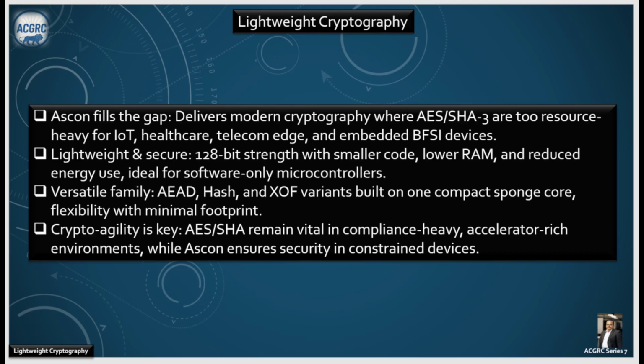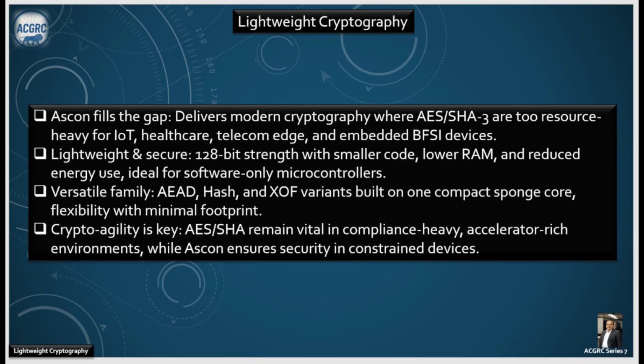Ascon fills the gap to deliver modern cryptography where AES and SHA-3 are too resource heavy for IoT, healthcare, telecom edge, and embedded BFSI devices. From a lightweight and security perspective, the 128-bit strength with smaller code, lower RAM, and reduced energy use are ideal for software-only microcontrollers.